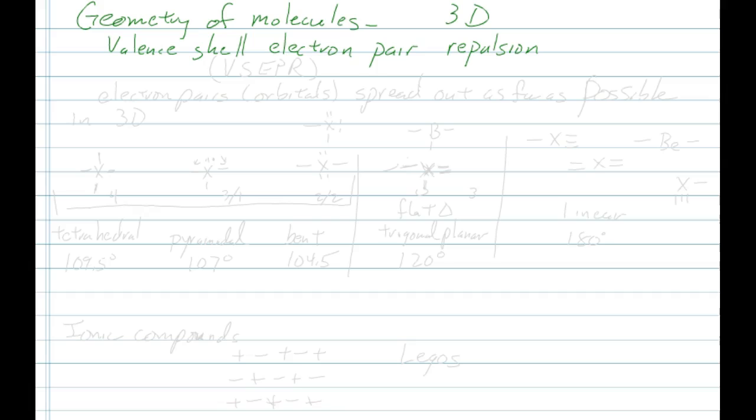Saying the valence shell electron pair repulsion theory is long, so we abbreviate it VSEPR.